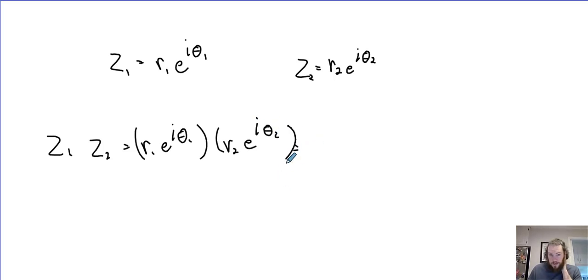This is just a string of multiplication, so we can do r1 times r2, multiplied by e to the i theta 1 times e to the i theta 2, or e to the i theta 1 plus theta 2.